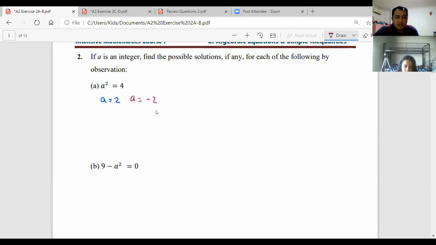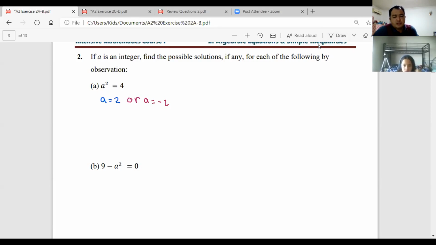So you need to write a equals 2 or a equals -2. So how many solutions does it have? 2, right? One is 2 and one is -2.